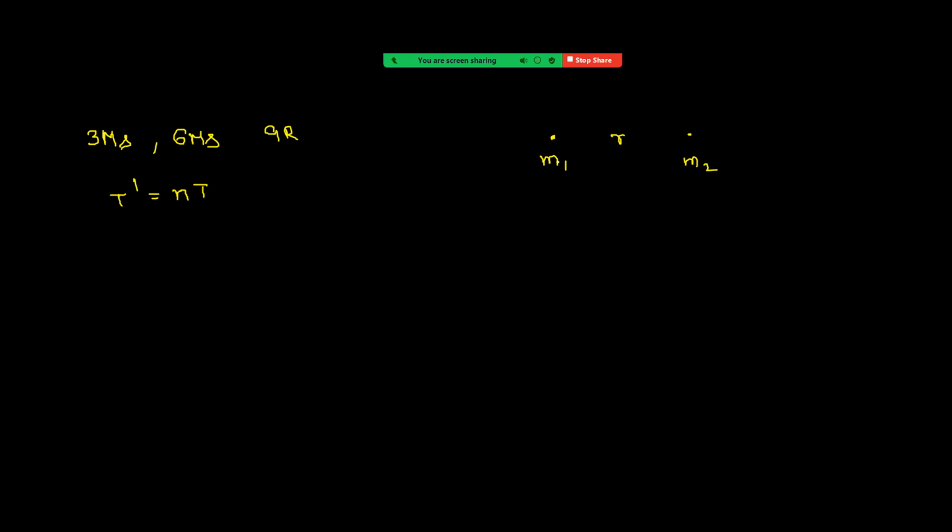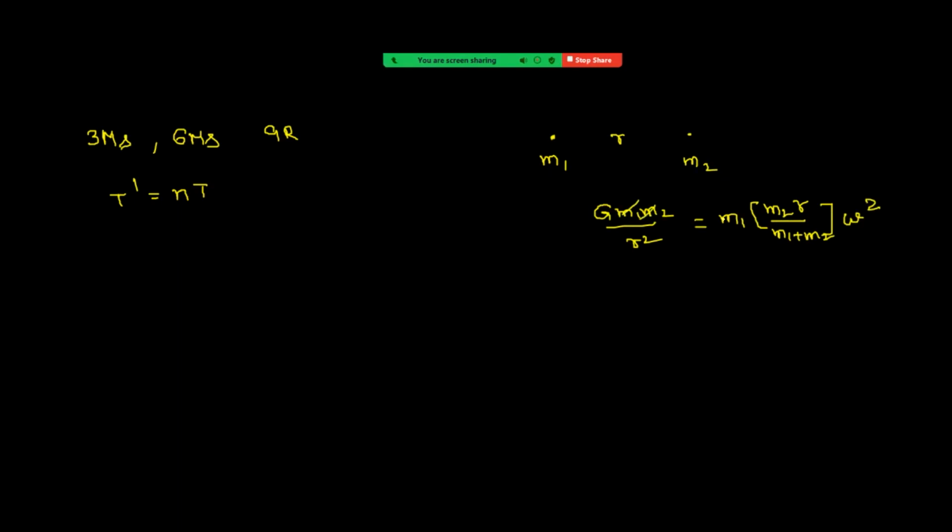I'm writing briefly. If I'm focusing on M1, the force acting on M1 because of M2 provides the centripetal force. G M1 M2 by R square is equal to mass into centripetal acceleration. Now, the distance of the center of mass from M1 is M2 R by M1 plus M2. So M1 R1 omega square.